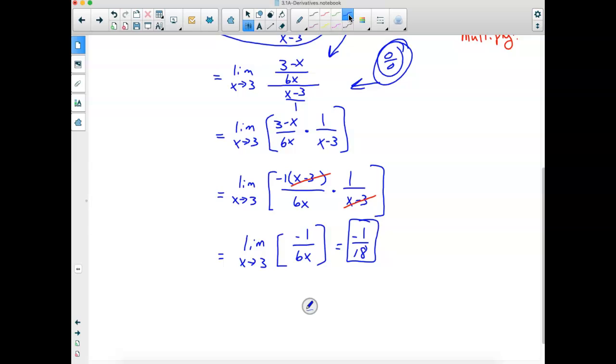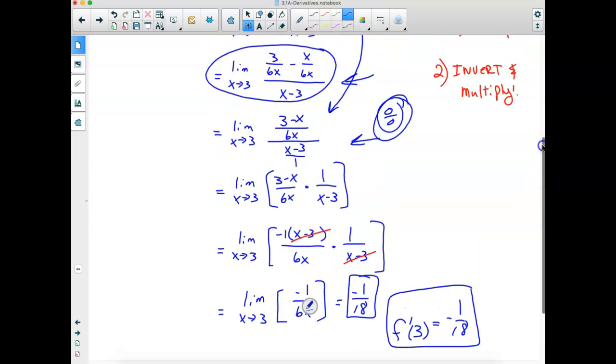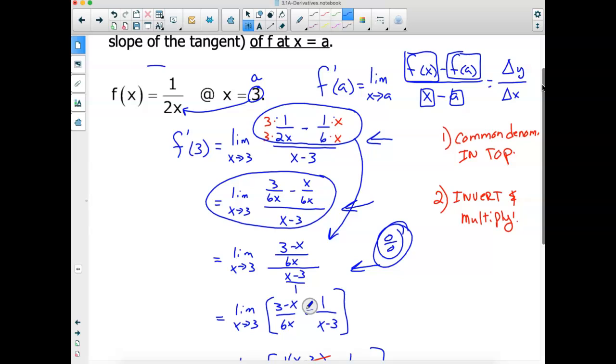Well, what does that mean? That means f prime of 3 equals -1/18. The slope of my original function, the slope of this graph when x equals 3, is -1/18. So that's all we did.